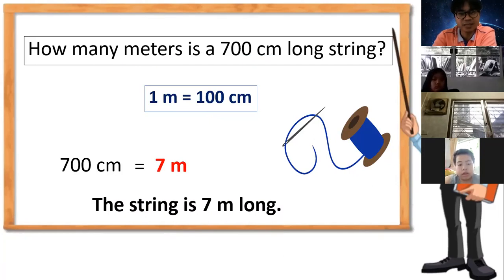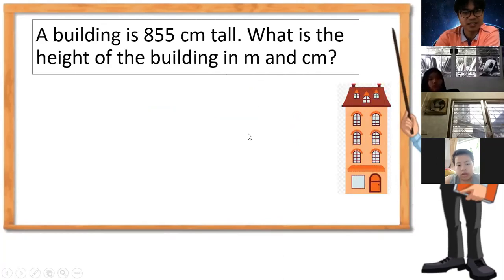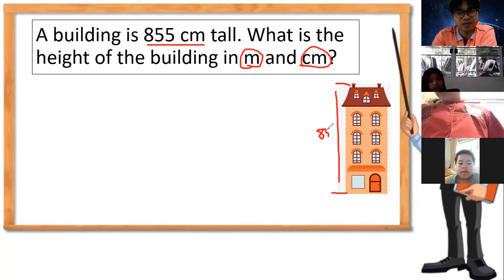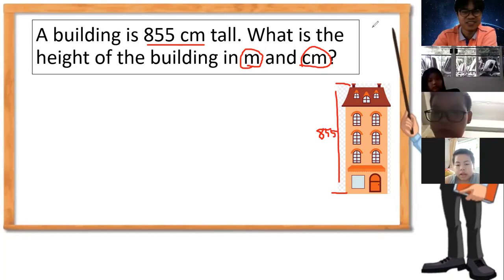Okay, another example here. A building is 855 centimeters tall. What is the height of the building in meters and centimeters? Take note, the building is 855 centimeters tall.